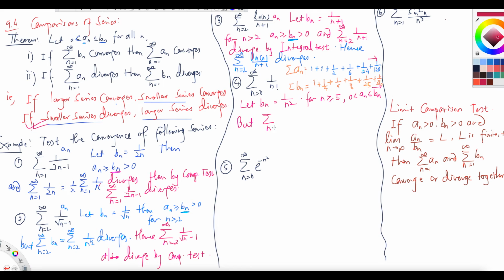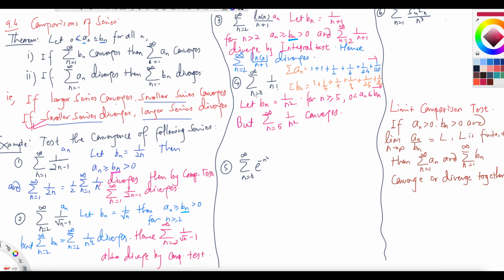Summation n equals 5 through infinity of 1/n squared, because I said n is greater or equal to 5, that's why I'm taking 5 through infinity. 1/n squared converges, right? Why? Because of the p series test: 1/n to the p, and the power p is greater than 1 means it converges.